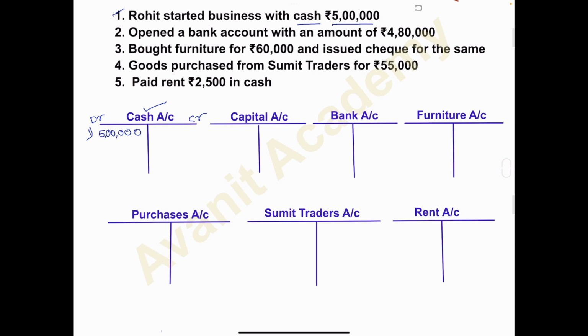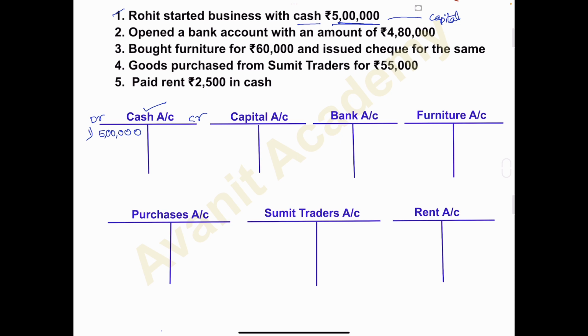Got this? So whatever amount is invested by the owner to start the business, what is it called? It is called capital. So in this first transaction, Rohit has started business with cash of rupees 5 lakh, so we'll consider this 5 lakh as the capital amount. So what is the rule for capital? Increase in capital is to be credited and decrease in capital is to be debited.